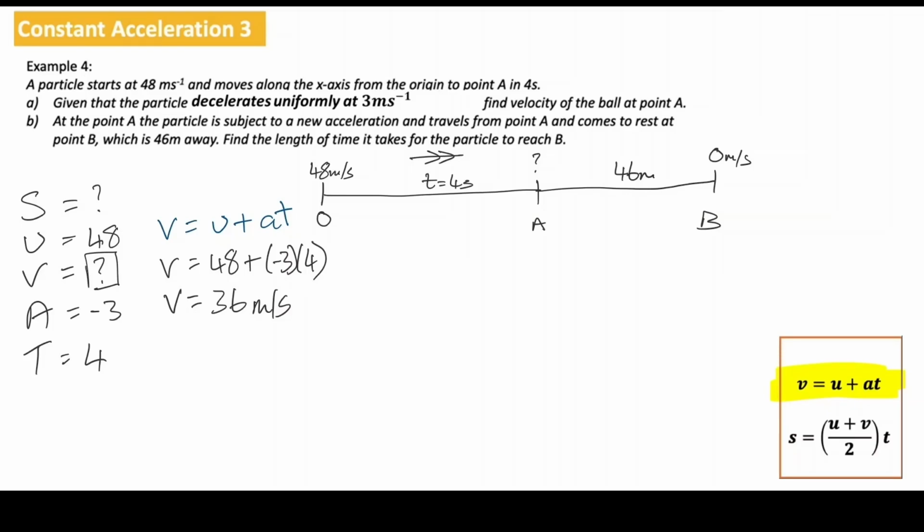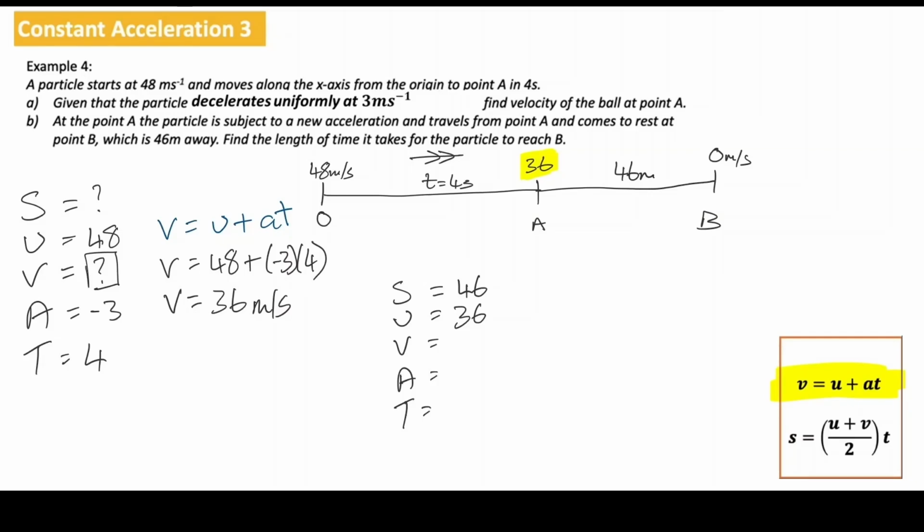Okay, like I said, we can use information about point A. We found that the velocity at point A is going to be 36. So I'll add this to the diagram, 36. And this is the linking point between the first journey segment and the second journey segment.